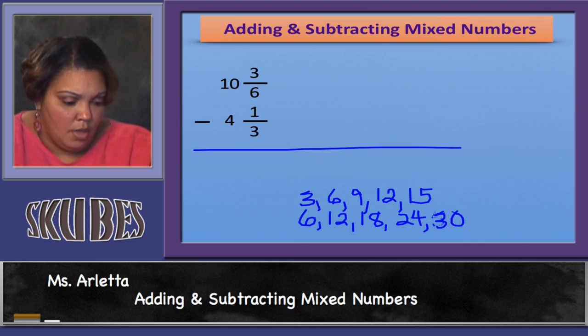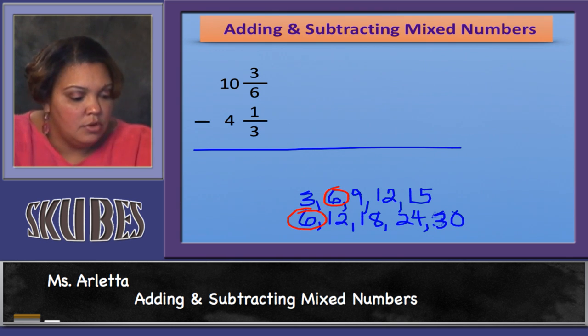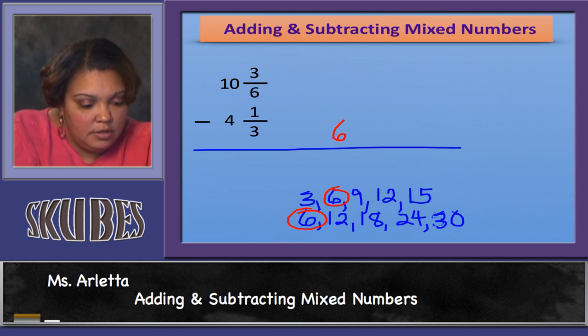Do we have anything in common? Yes, I see that we have a 6 in common. That is our lowest number, so 6 will be our least common denominator.